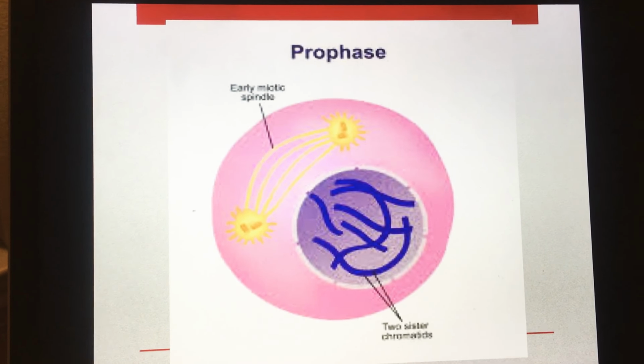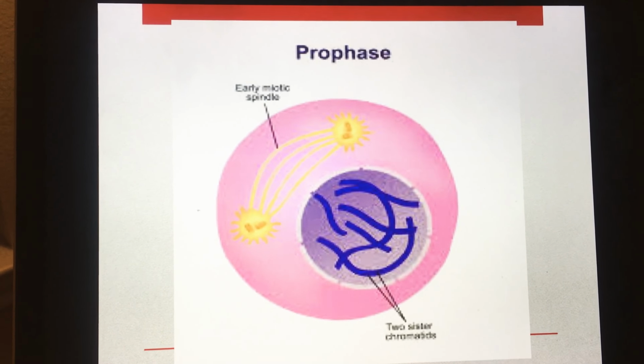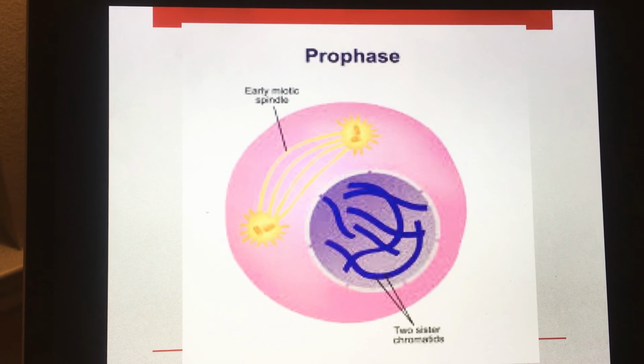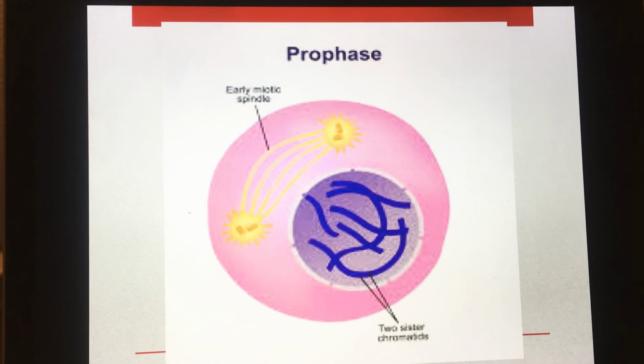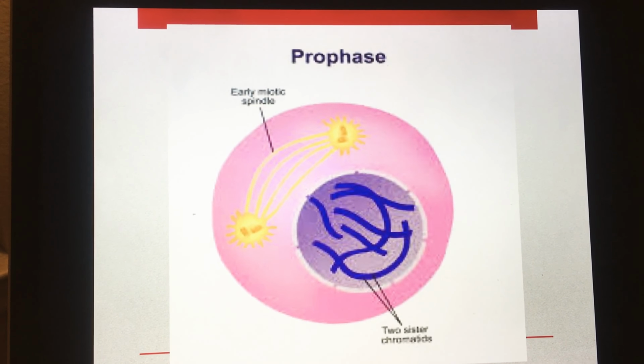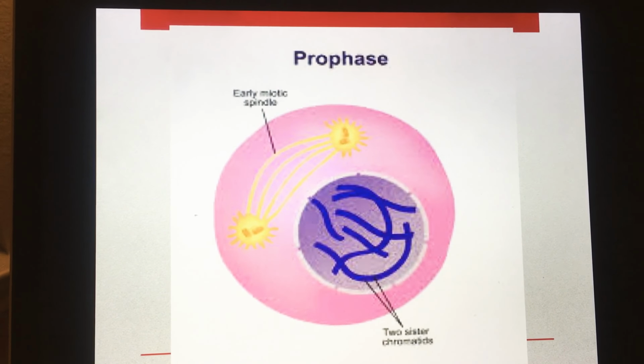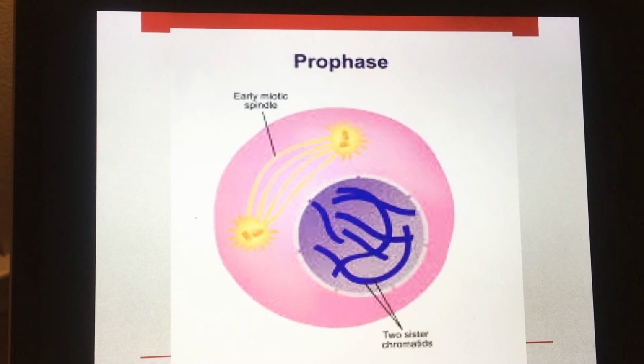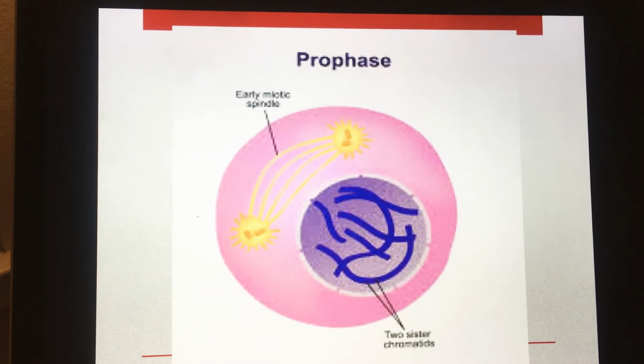The nuclear envelope breaks down as centrioles migrate to opposite poles, establishing microtubules and the spindle apparatus. At the end of prophase, chromosomes attach by proteins in their centromeres, the kinetochores, to microtubules from each pole, moving chromosomes towards the equator of the cell.